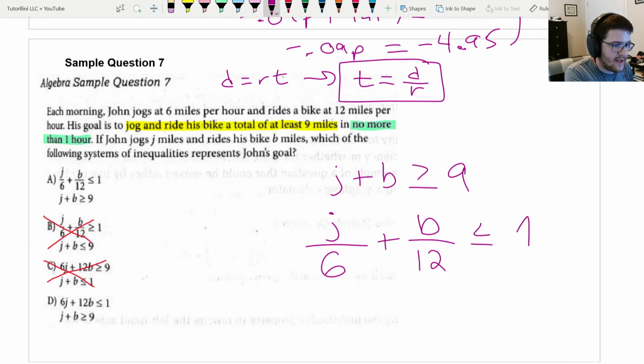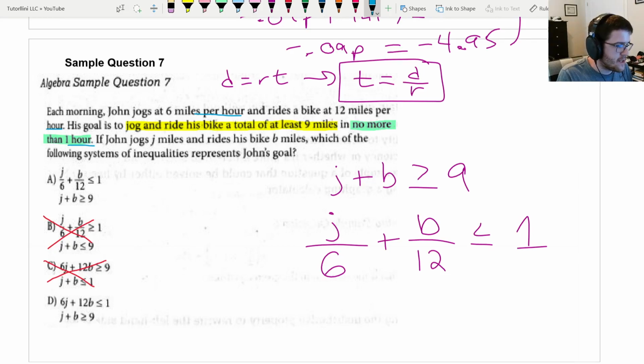1 hour. And I would always check, you don't want to get messed up. Always make sure these units match. So we have hour, hour, and hour. You could see maybe it would say 60 minutes at the end, and that could mess you up and you'd have to adjust something. So just make sure you pay close attention to the units. I noticed at the beginning that they all agree, so I'm not worried about that, but another problem might do that.